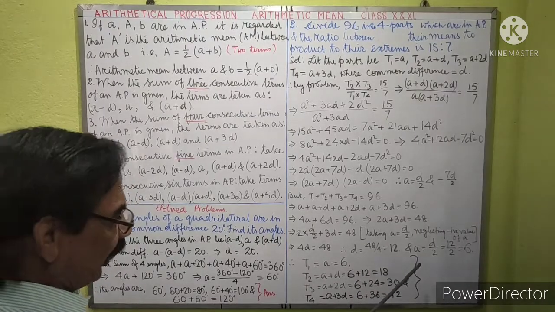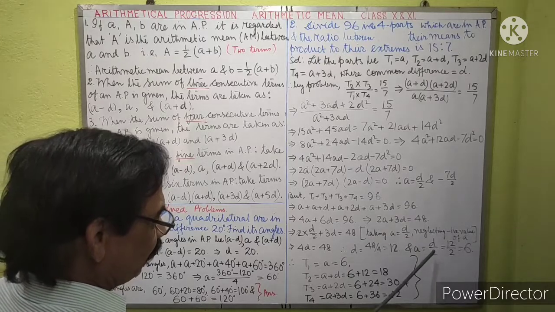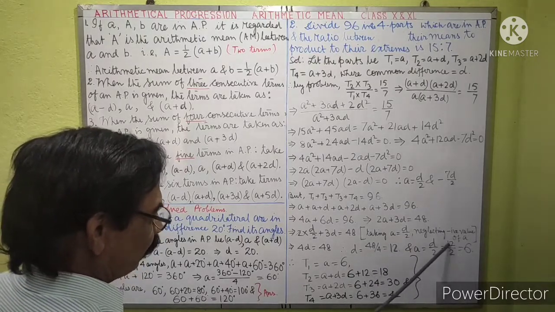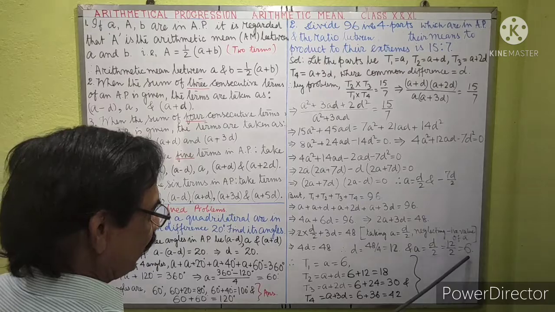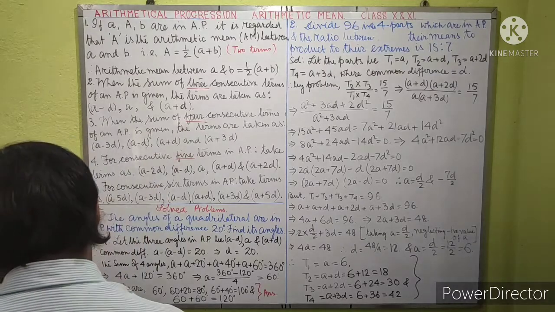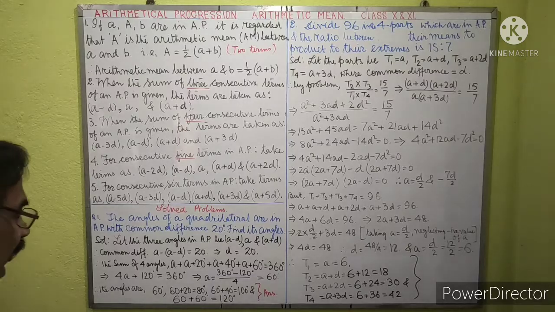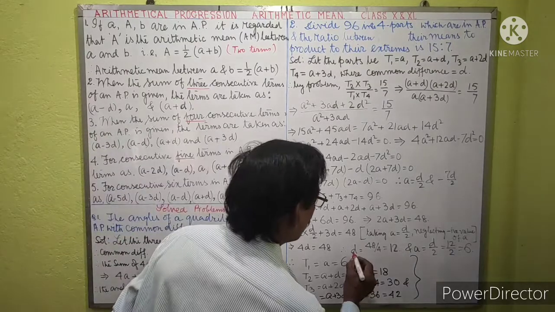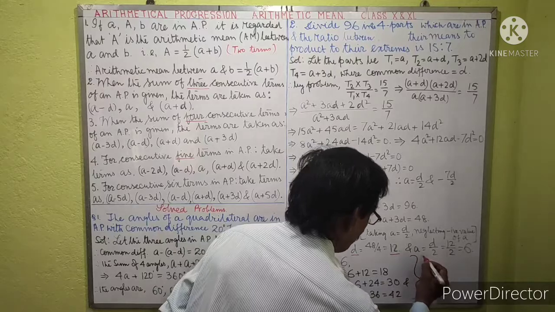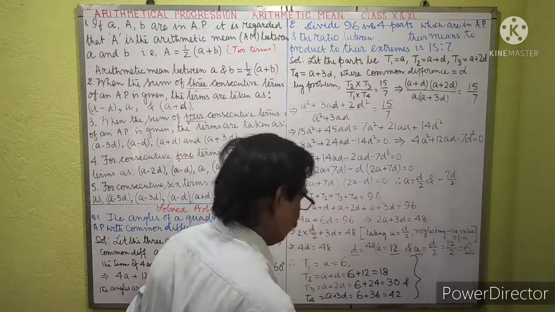Now a equal to d by 2, so a equal to 12 by 2, that is 6. Therefore a equal to 6 and d equal to 12.